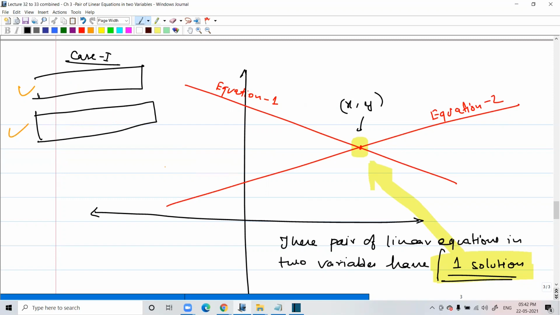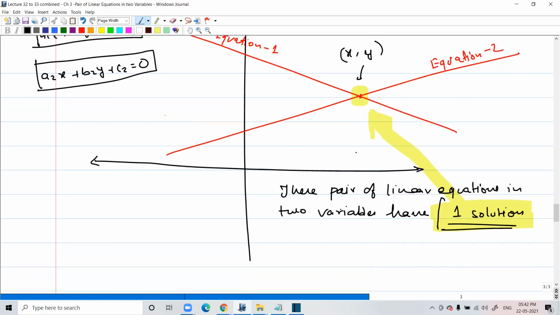Let me change that today, and let me write it as a1x + b1y + c1 = 0. Let's say this is the first equation, and the second equation will be a2x + b2y + c2 = 0. Now I have plotted these two separately, and I got these two lines and they meet at one point. So there is one solution.